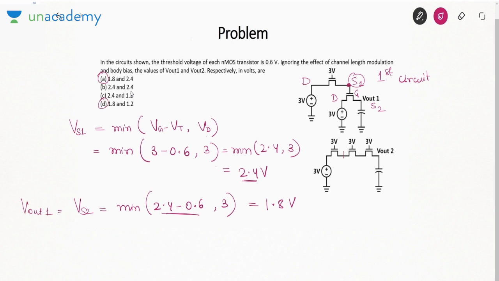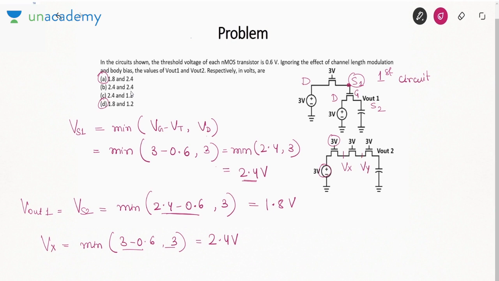Now let us go to the second question or the second circuit. If I talk about Vx, Vx is the minimum of gate voltage 3 minus 0.6, and drain voltage, which is 3. So how much will this become? Minimum of 2.4 and 3 is 2.4.